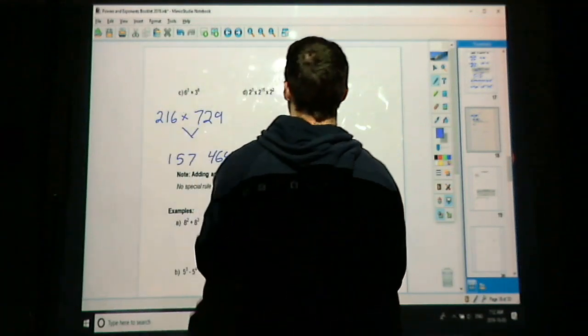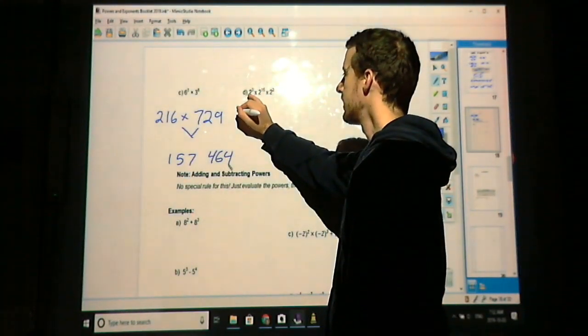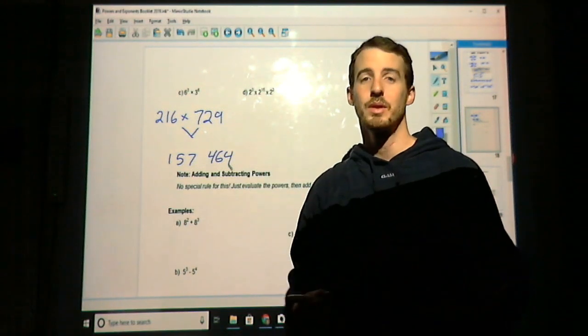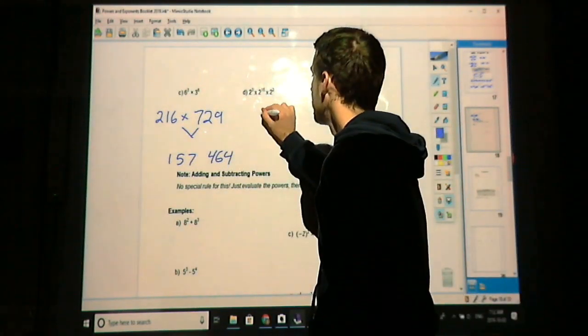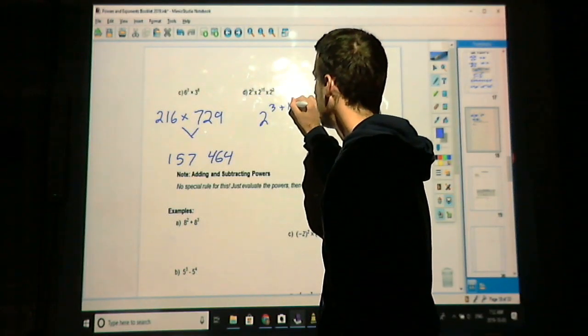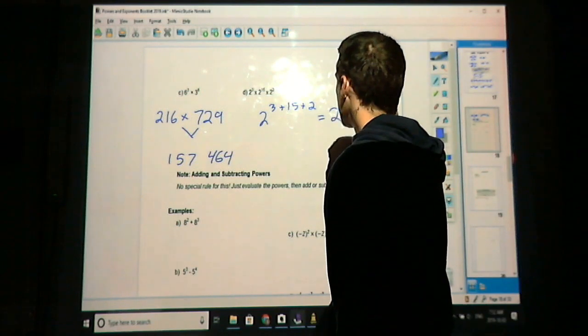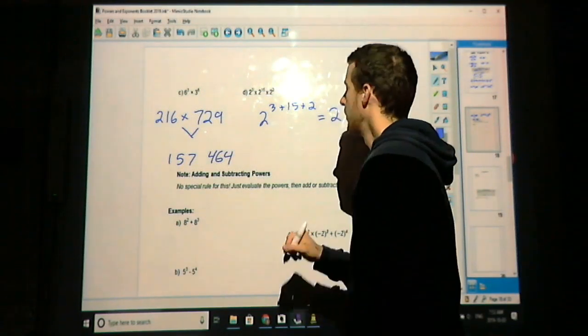Okay, so let's get over here. So we have multiplication, we have the same base, so we can use our rule. So we have 2 to the power of 3 plus 15 plus 2, which gives us 2 to the power of 20, right?